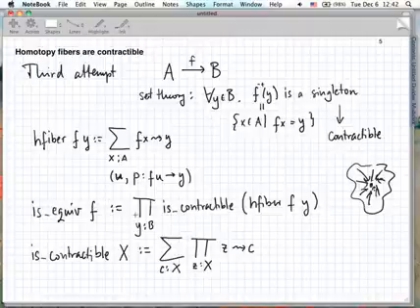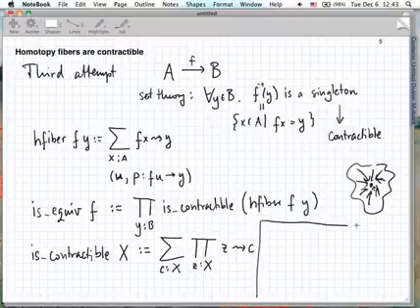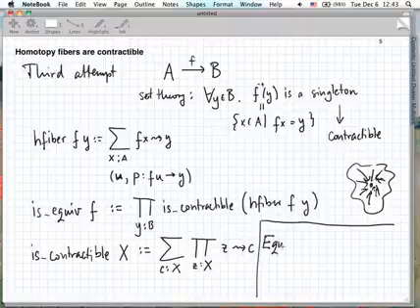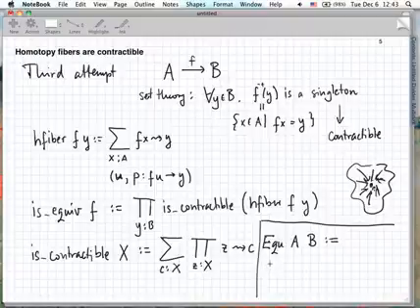So this is the third attempt. This is the one that's written in, so let's see, we now have isEquiv f, and so now we define what it means for two spaces to be equivalent. Well, we just define the space of equivalences. So we say A and B are equivalent. That means the space of all such things.